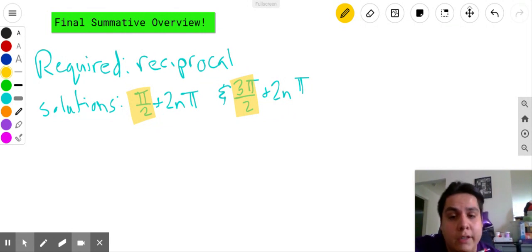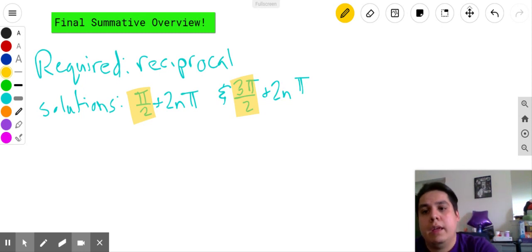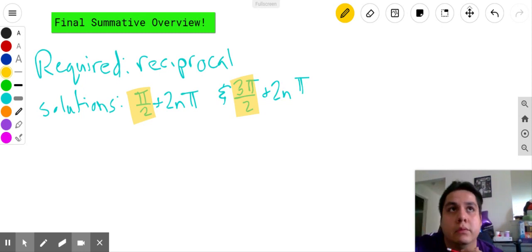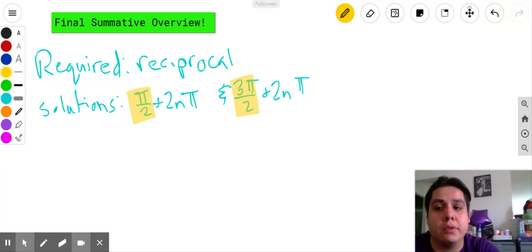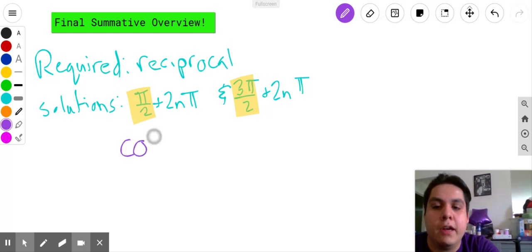So it is possible that it could be positive one, negative one. But I'm going to keep it simple and I'm going to say, well, the signs are different, but one's positive, one's negative, so they're kind of close. But the cosines are exactly the same, right? Cosine of pi over 2 and cosine of 3 pi over 2, they're both equal to 0. So if I'm going to keep it simple, I'm just going to go ahead and stick with cosine. So that means I would have had to solve cosine of x is equal to 0.